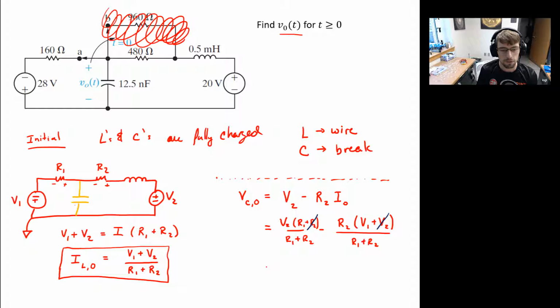We have R1 times V2 minus R2 V1, all divided by R1 plus R2. Good?